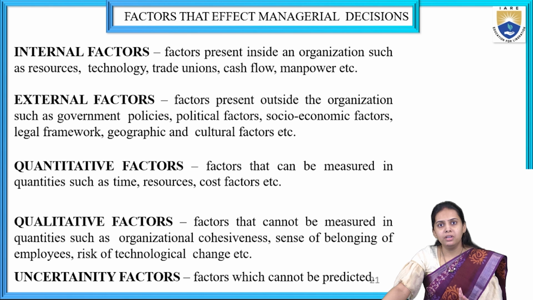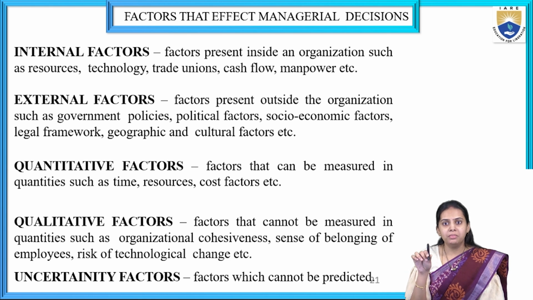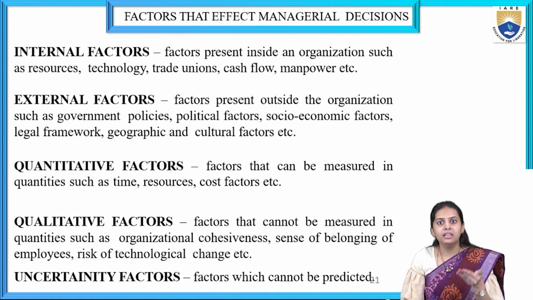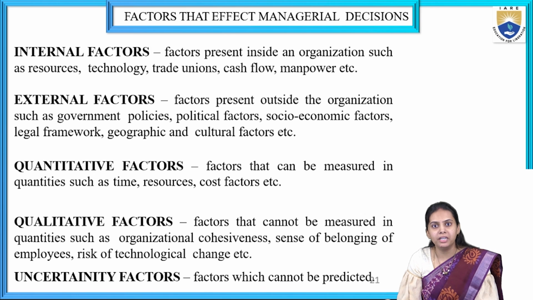The best example of this is a pandemic situation, which is very unpredictable and comes under uncertainty factors. In some cases it works in reverse, where the uncertainty factor affects a managerial decision to do research on a particular domain.